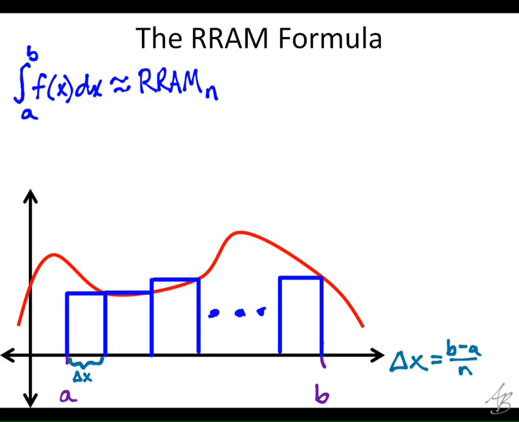We're also going to label each of the x values here along the x-axis. So we have an x value here, we have one here, we've got one here, we've got one here, and we're going to have n plus 1 of these actually. We don't have n of them because each subinterval has a left endpoint and a right endpoint, so it ends up being n plus 1 of them.